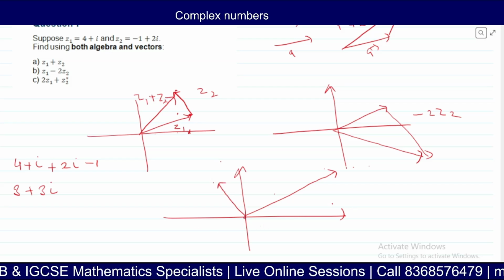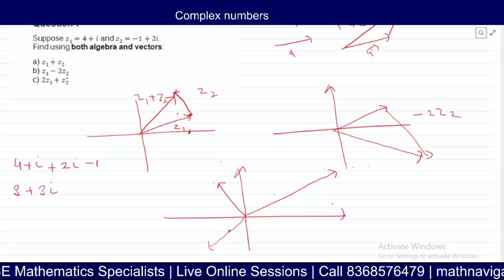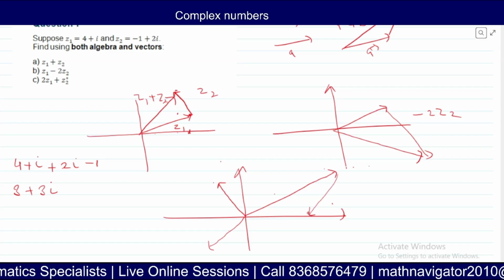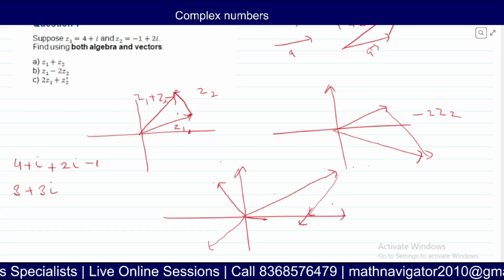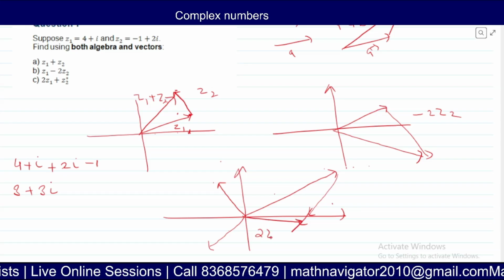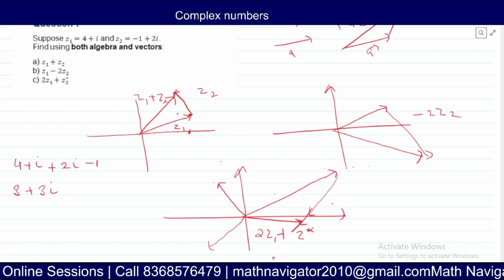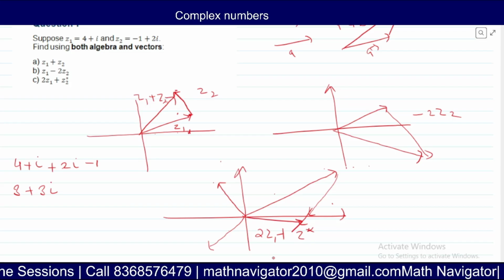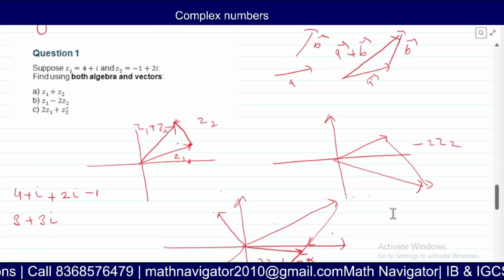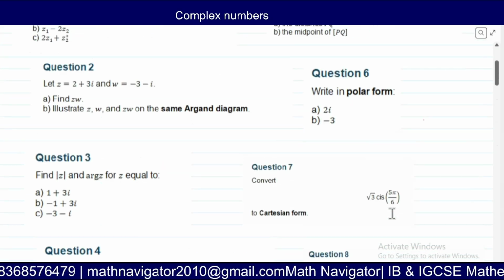So the negative of z2 will be like this. Sorry, conjugate. So I'll keep this vector here. And this will be my answer. So this is 2z1 plus z2 conjugate. We have already done this in the last lecture. Conjugate: the conjugate of a plus bi is a minus bi. This is done. Very good. I hope this is clear. Let's move to the next question.